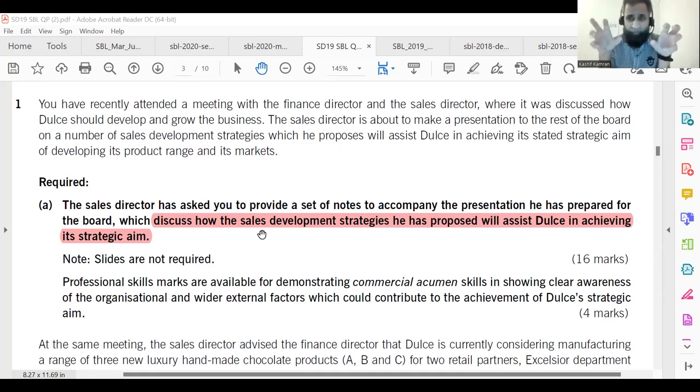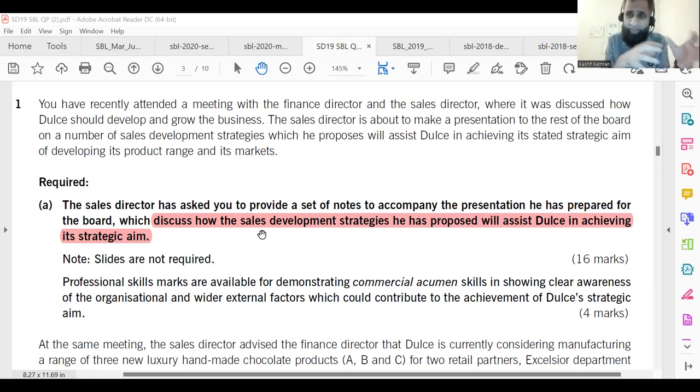Now, again, if you start thinking about a model here, you might come down to a model. But even in this question, you can just go to the sales strategy given by the director and evaluate it. I'll discuss what is good in that strategy and what is bad, and how it helps the company achieve its aims, which must be given in the case study.